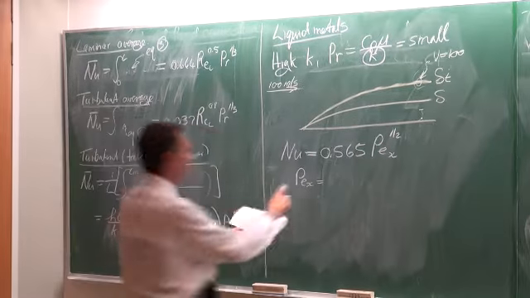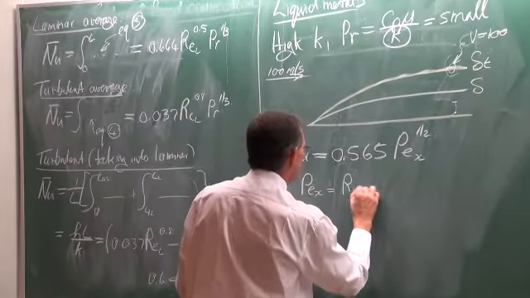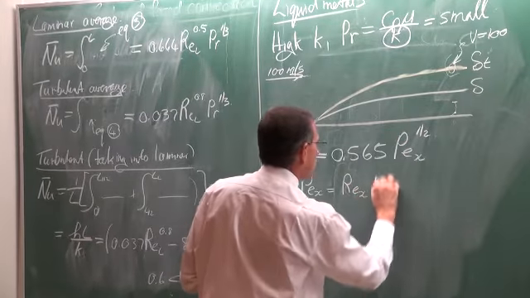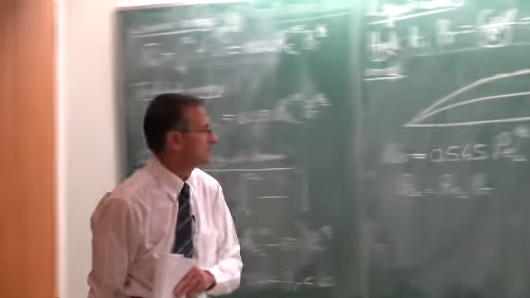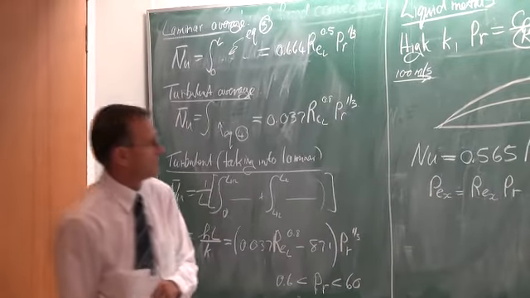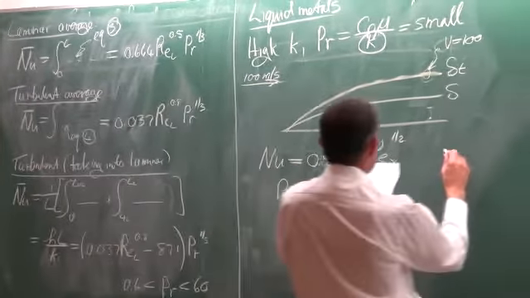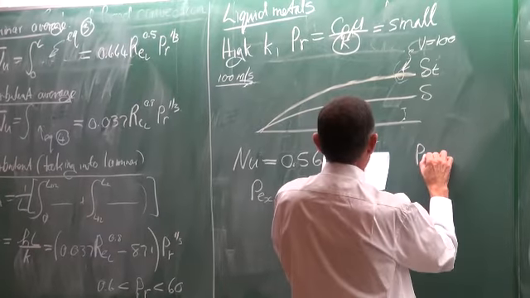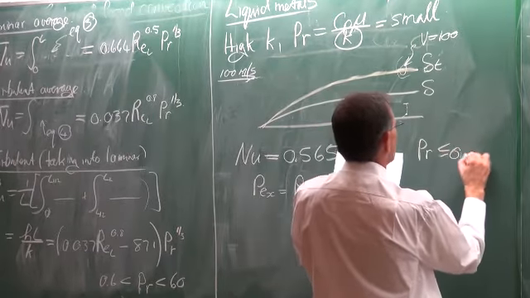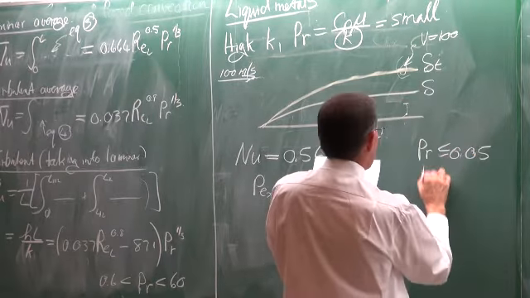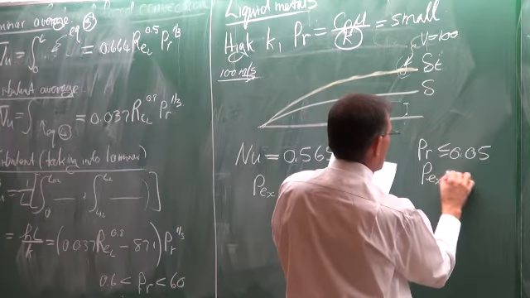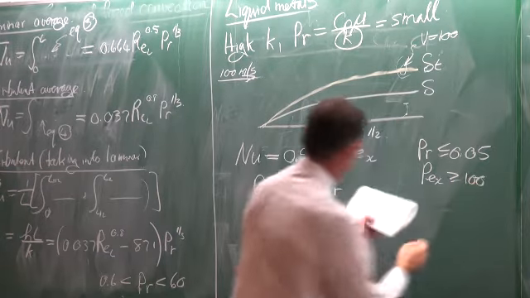It's a very important number. That is equal to the Reynolds number multiplied by the Prandtl number. So this equation would be valid for Prandtl numbers smaller or equal to 0.05 and Peclet numbers larger than about 100.